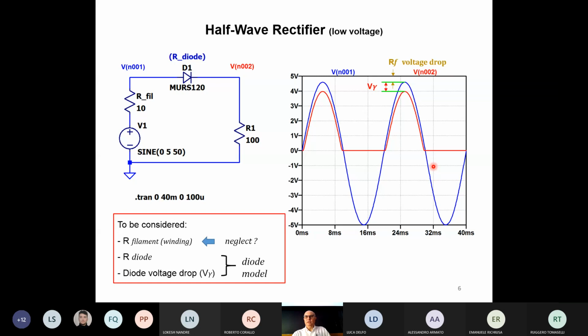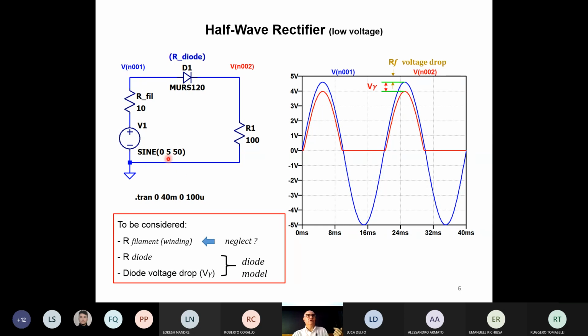Let me see. Okay. Here we can see something interesting. Again, I'm plotting the voltage on node 1 and the voltage on node 2. But while node 2 is still the voltage on the output resistance, node 1 is after the winding resistance. I also changed the voltage.